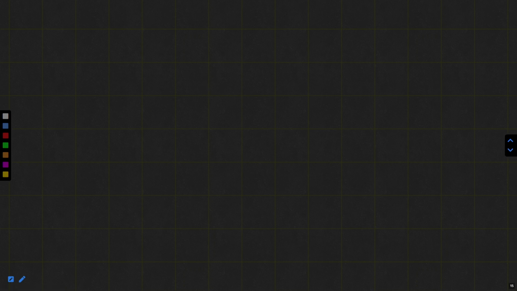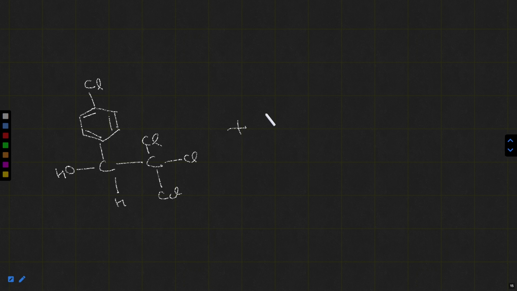We're reacting with this thing that is being formed in the first step, with the second chlorobenzene molecule.